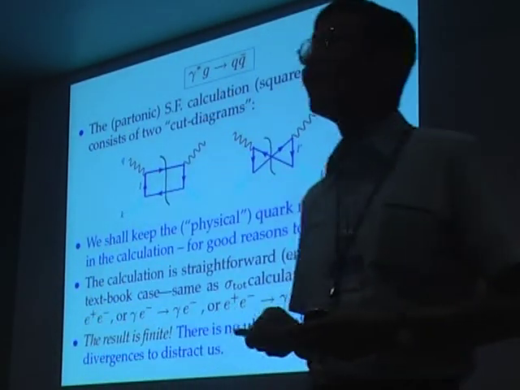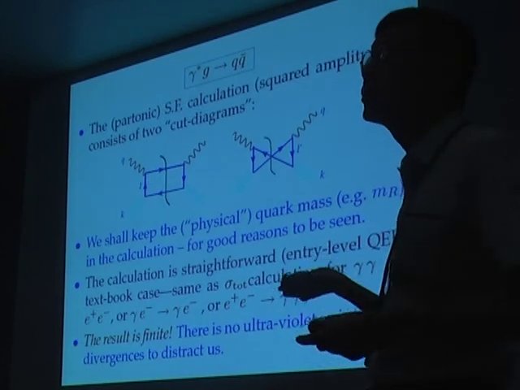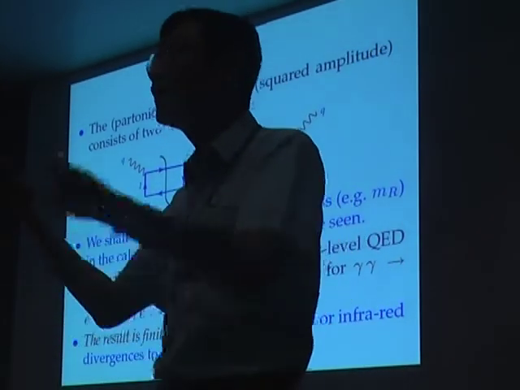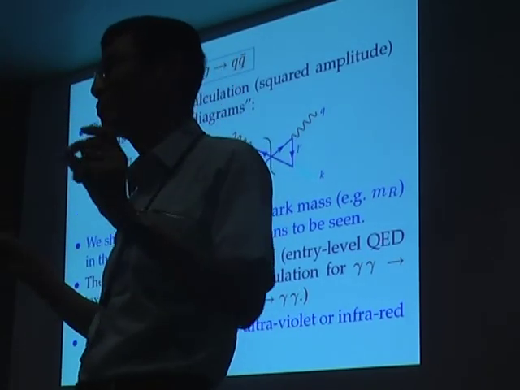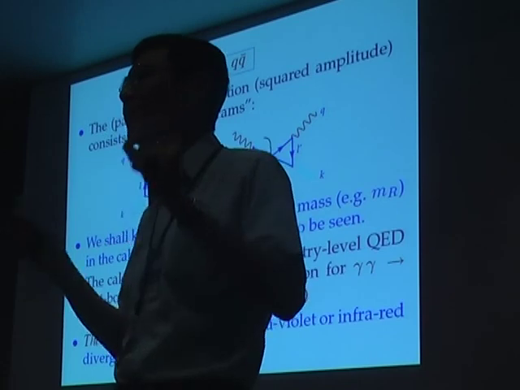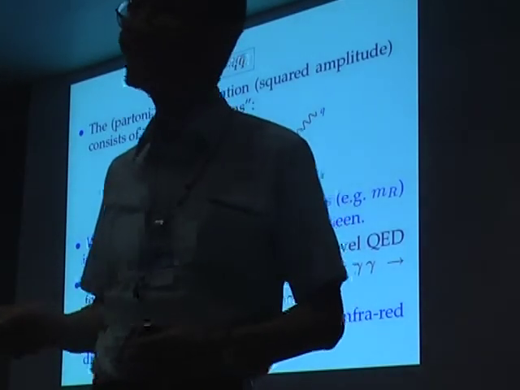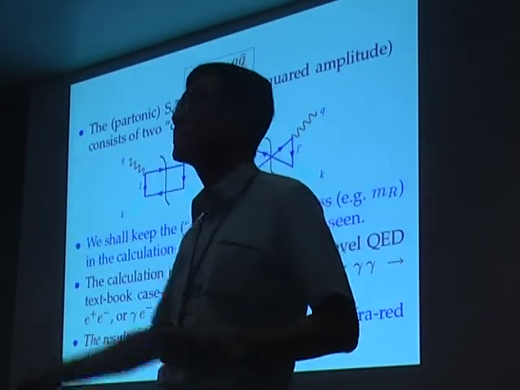At the end of our discussion, you will see that when we demonstrate factorization, the idea which goes into it has nothing to do with the quark mass. So the factorization theorem is still true if you keep the mass. That's something that took a number of years to evolve.